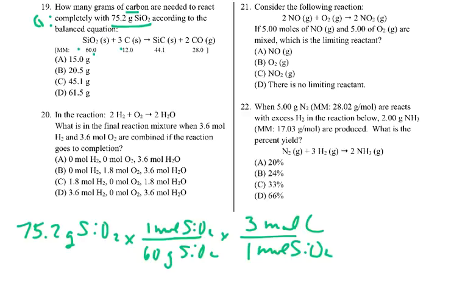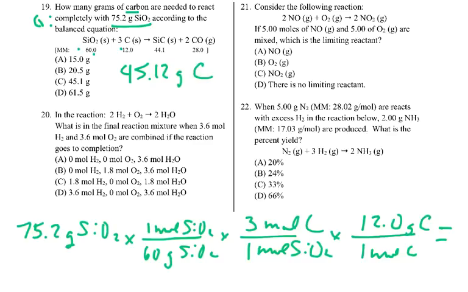And I'm trying to get to grams of carbon, so I can say 1 mole of carbon is 12.0 grams of carbon. And when I work out this answer, I have 75 times 3 times 12 divided by 60, and when I get all done, I get 45.12 grams of carbon. So 45, that's the answer C.